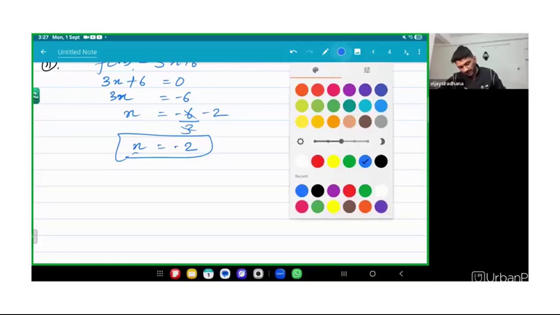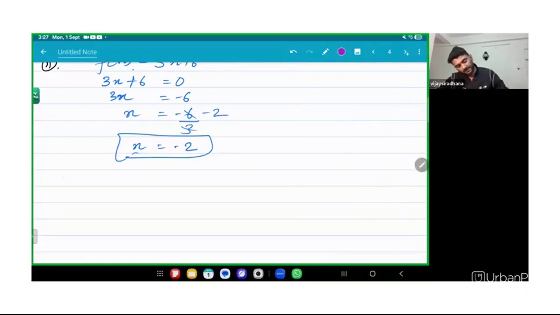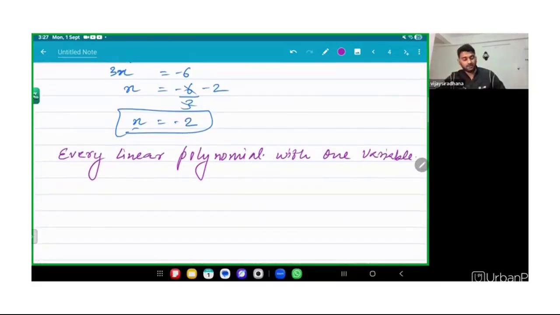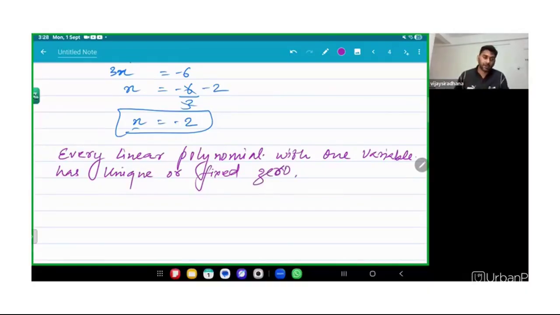So the conclusion here is that every linear polynomial with one variable has a unique or fixed zero.